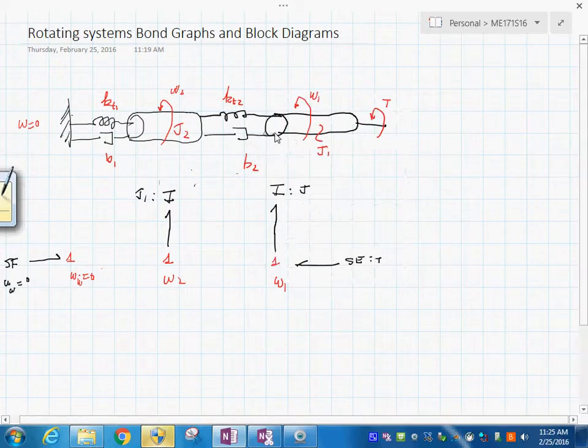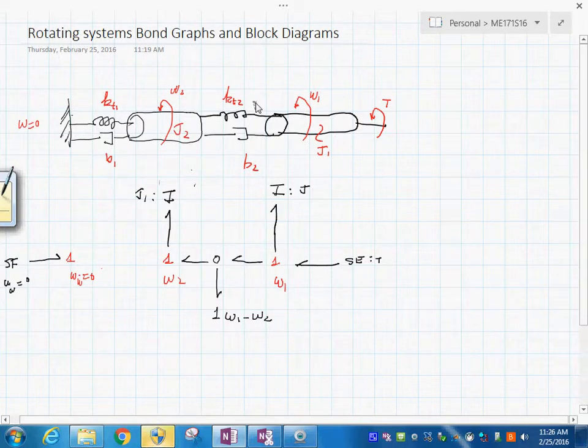Here we need the difference, because the difference between this velocity and this one is what the spring sees. So we say omega 1 minus omega 2 produces this omega 1 minus omega 2, and these two elements see that difference.